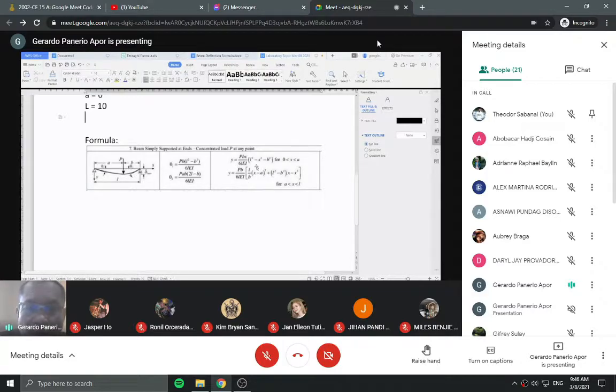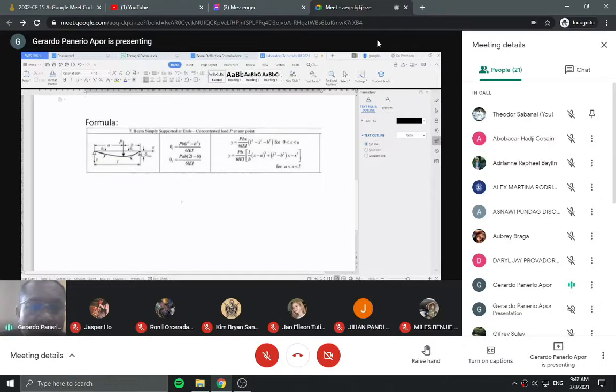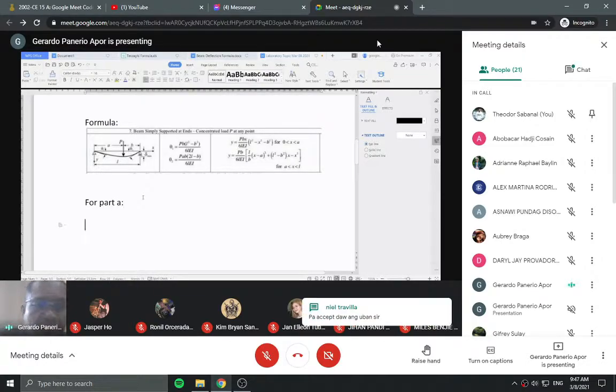Actually, there are two formulas here, no, but the question is which one you will use. So, there's a condition here. If 0 is lesser than or equal to X, lesser than or equal to A, and the other one is for A lesser than X, lesser than L. Now, for part A, use that one, the first one.